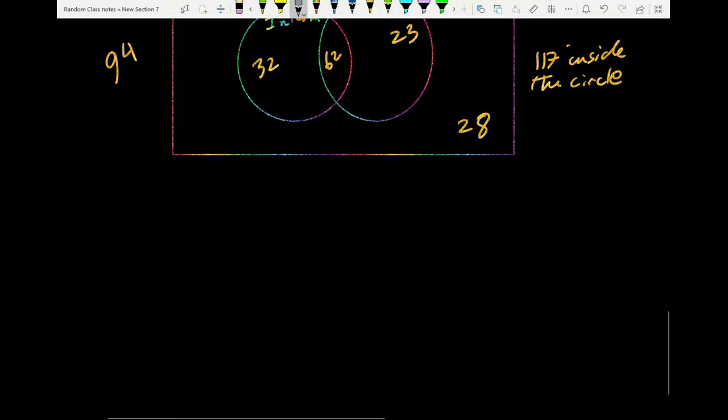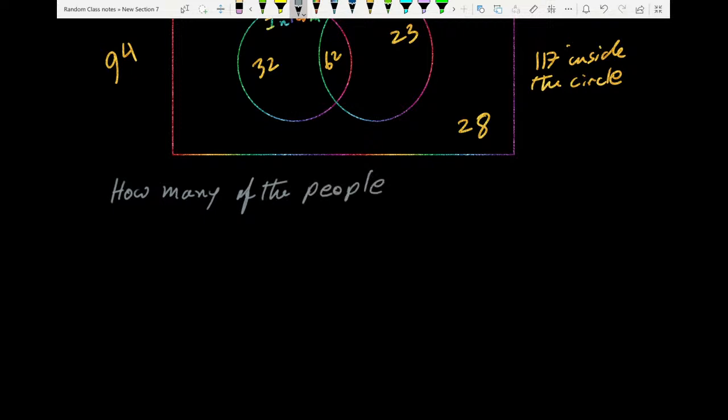Let's use this. How many of the people use only television? Who says television nowadays? TV.